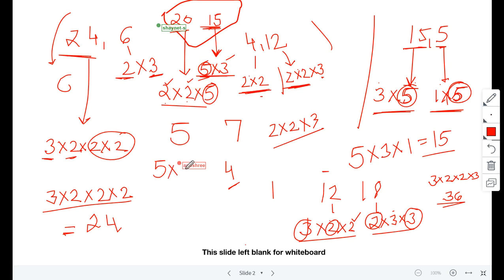5 times 2 times 2 times 3. What's the answer that you'll get if you multiply them together?